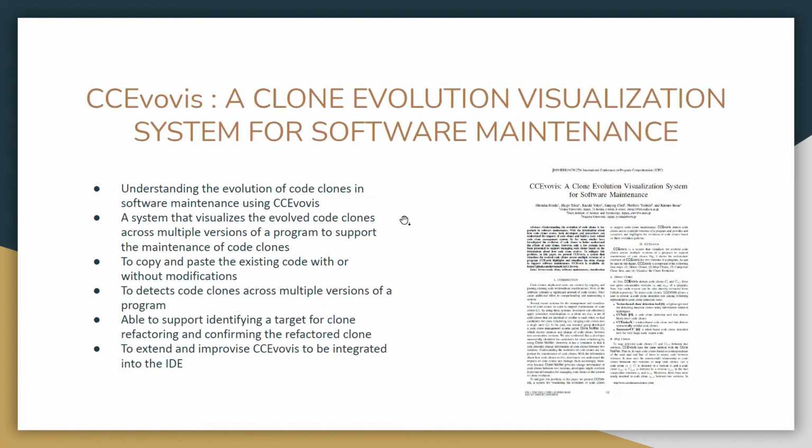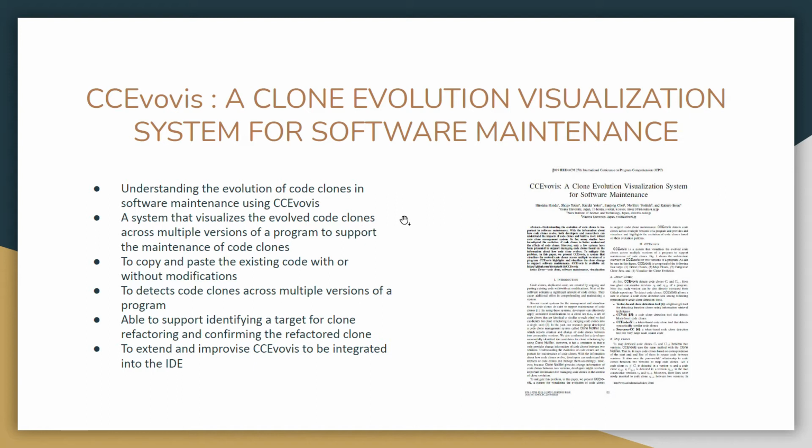Let's go through the second one of the review papers. The second one is CCEvolvist, a clone evolution visualization system for software maintenance. This research article is about understanding the evolution of code clones in software maintenance using CCEvolvist.